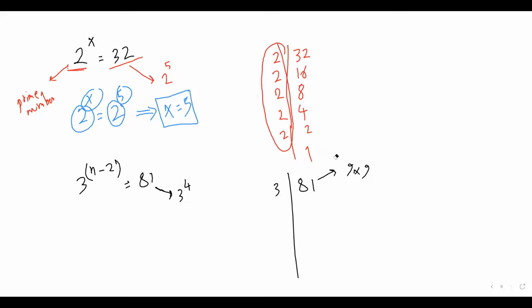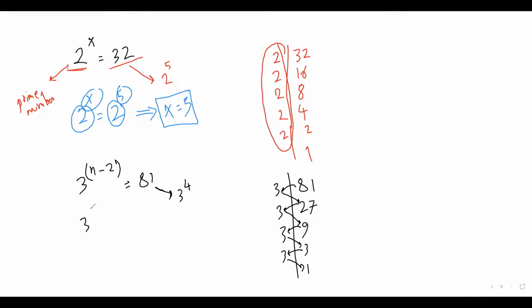But still, if you don't want to use that, you can divide that by 3. You get 27. Divide by 3 one more time, 9. Divide by 3. That gives us 3 again. Divide by 3. That gives us 1. So that's the idea. That's how you rewrite any number as the product of prime numbers.